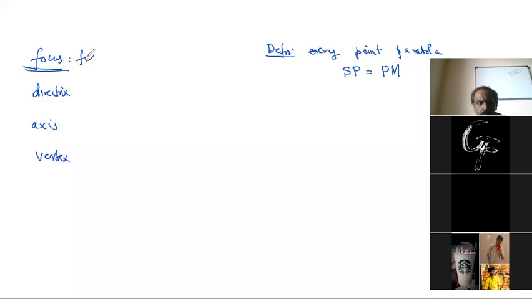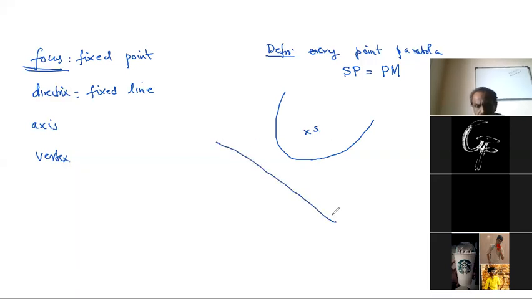The fixed point is called the focus, and the fixed line is called the directrix. So if I draw a parabola like this, there'll be somewhere a fixed point. Somewhere there'll be a fixed line.